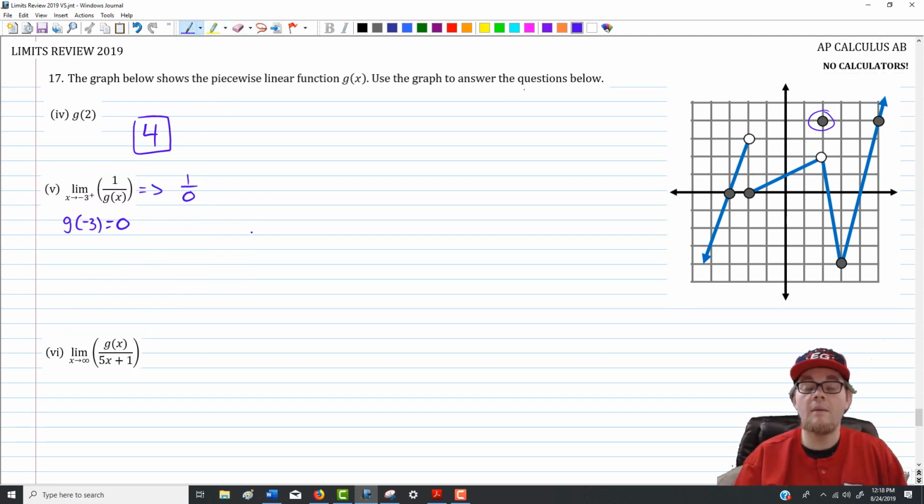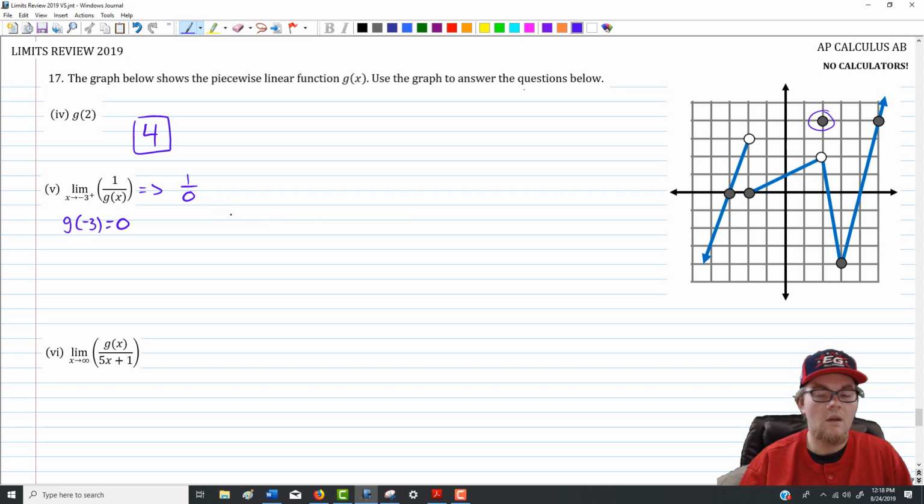So in order to do that, we need to think about what's actually happening here. There are a couple of different ways you can do this, so bear with me on a couple of approaches. The first thing I want to do is take a look at what this looks like. We're basically trying to decide whether this limit is positive or negative infinity, because we know this leads us towards one of those two infinities.